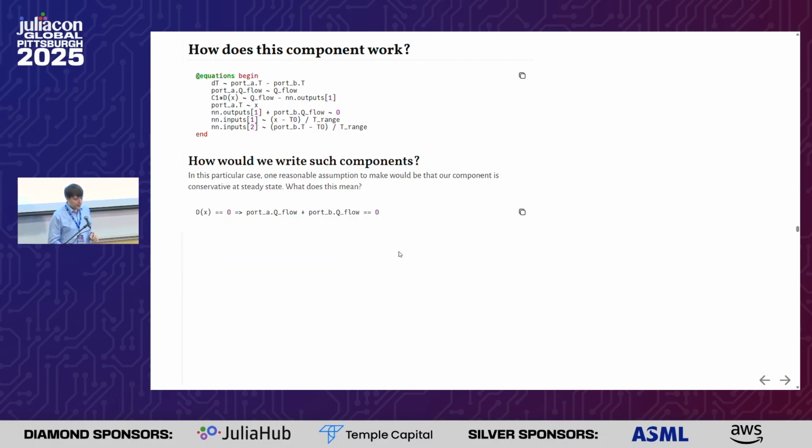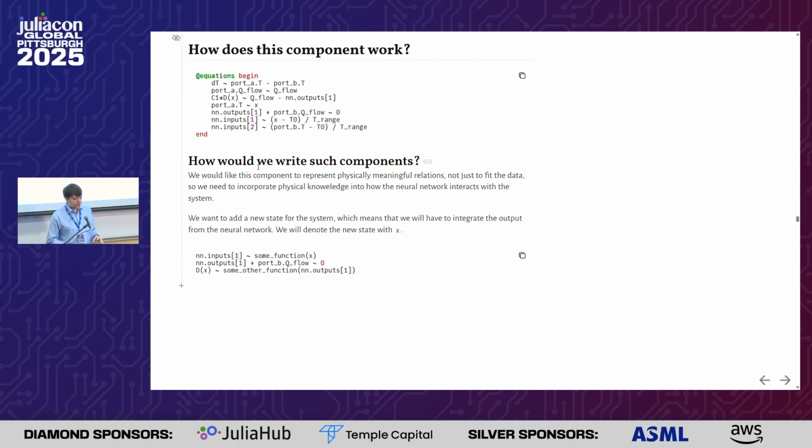Well, we know that we want a conservative component at steady state. The first thing I wanted to mention is that we have a missing state dimension of the system, so we want to integrate a new state that is created by this neural network component.